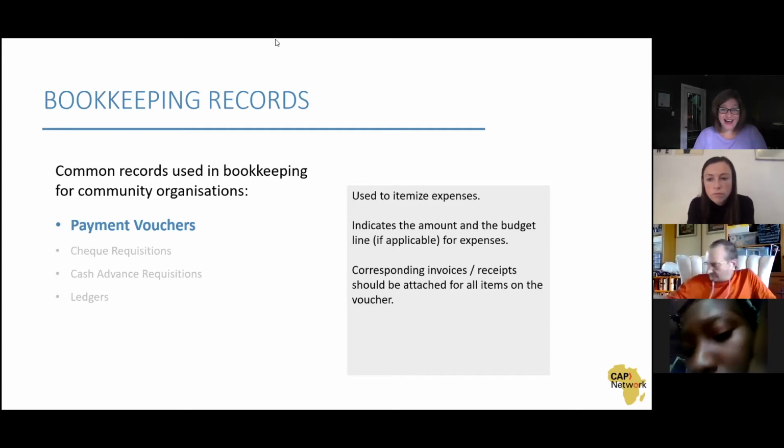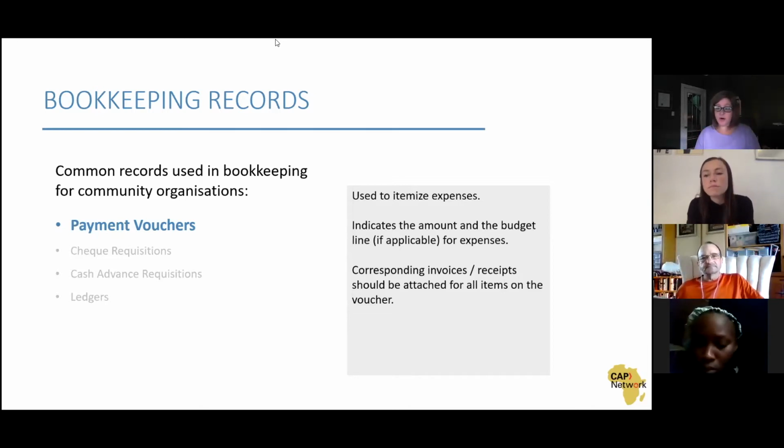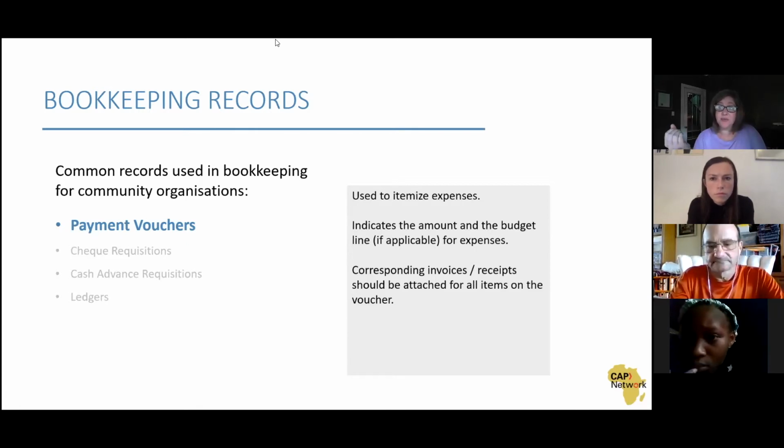You may have these in place and be calling them something else. It might be an expense record, an expense report, or a journal voucher, but a payment voucher is fairly common. The vouchers are used to itemize the expenses for any payment.